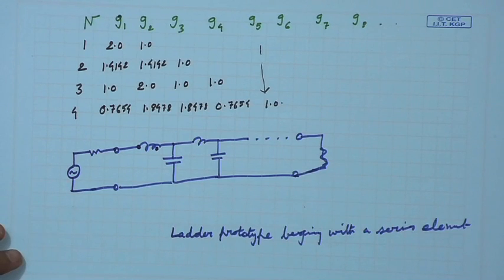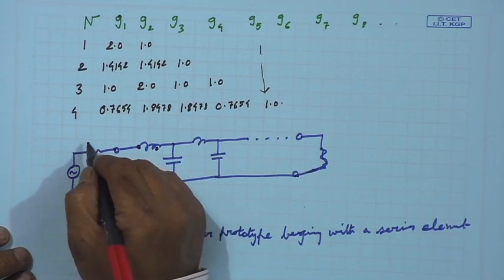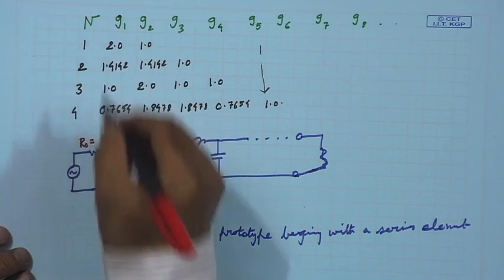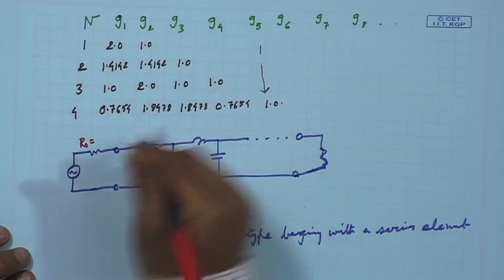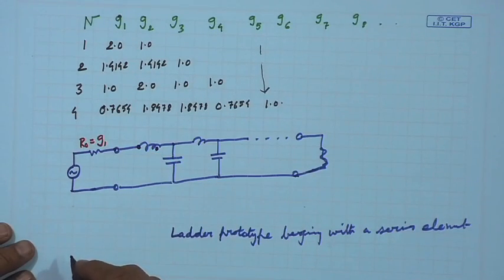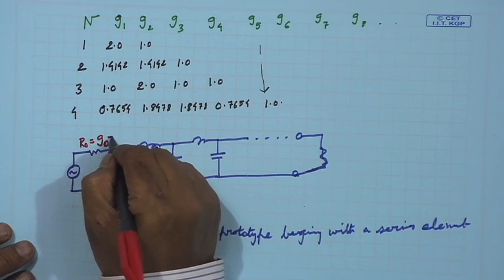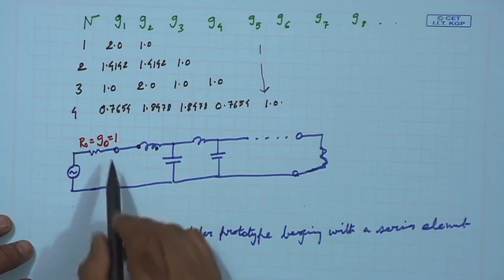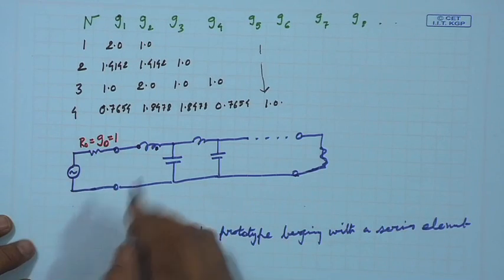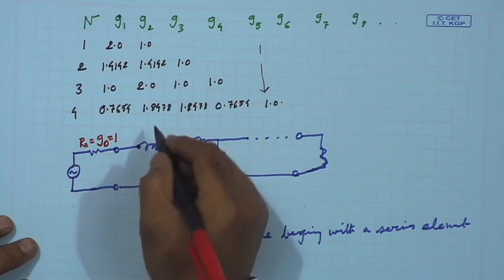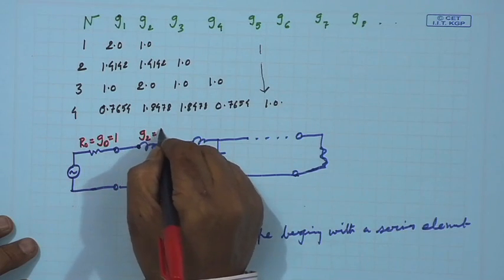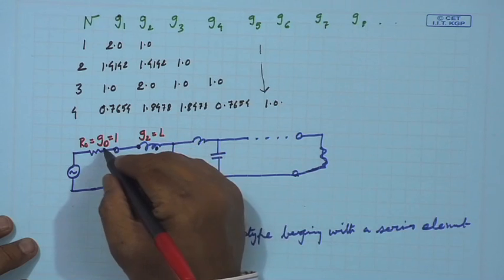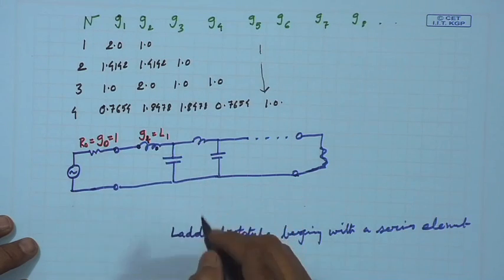In this case the nomenclature is this. I know that this is actually the resistance, but to keep the table general they call it G naught. R naught is equal to G naught is equal to 1, because in the prototype this value is always known. Then this is G1, which is L1.